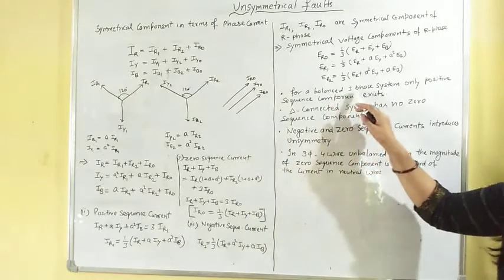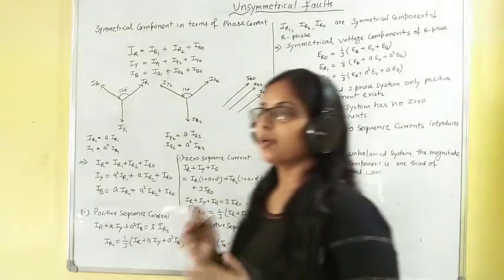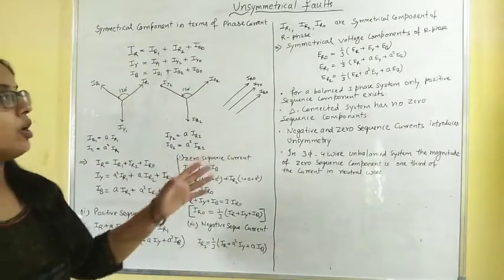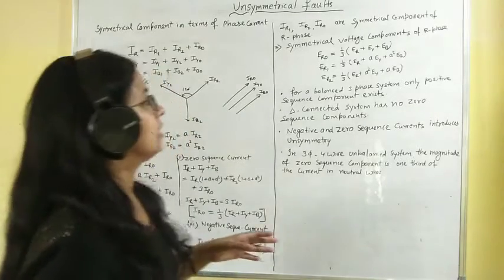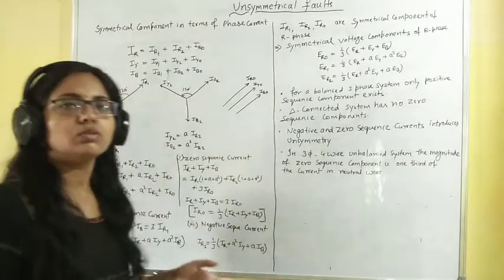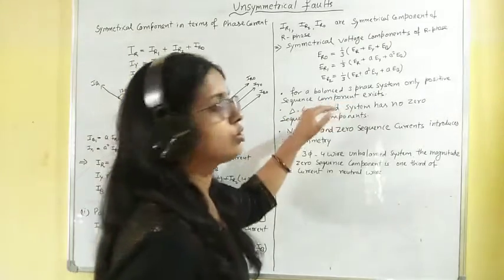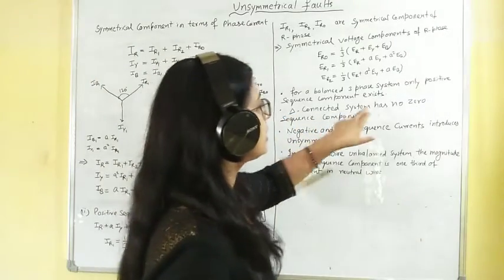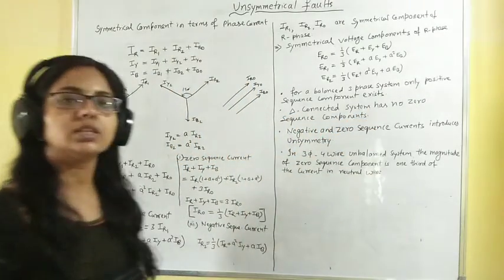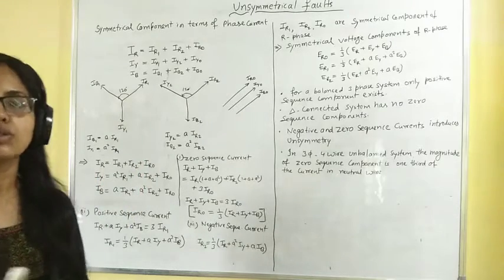For a balanced three-phase system, only the positive sequence component exists, because in a balanced three-phase system there is always symmetrical current and no unsymmetrical current. So there is no need to specify negative or zero sequence components; only the positive sequence component exists. Then a delta connected system has no zero sequence component, because in a delta connection there is no neutral point.